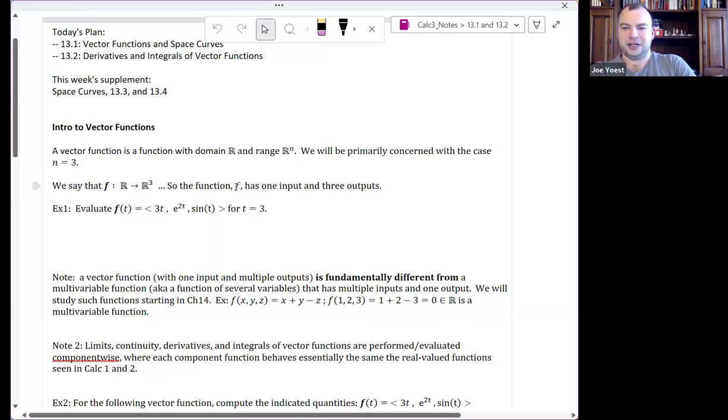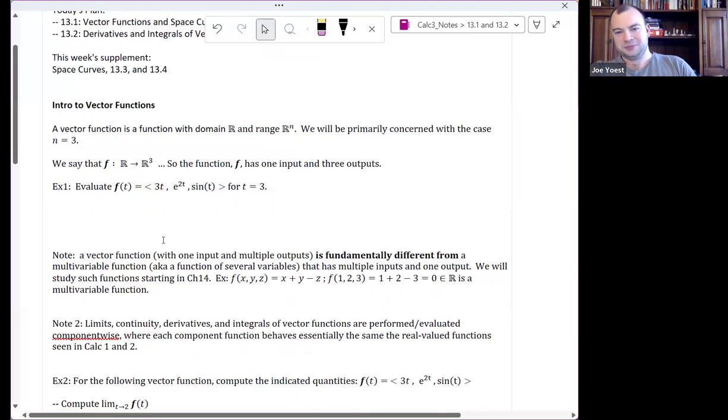And again, this function f should be bold. Sometimes OneNote loses my bold or indentation. It doesn't seem to happen in Word as much, but anyway, the vector function f has one input and three outputs.